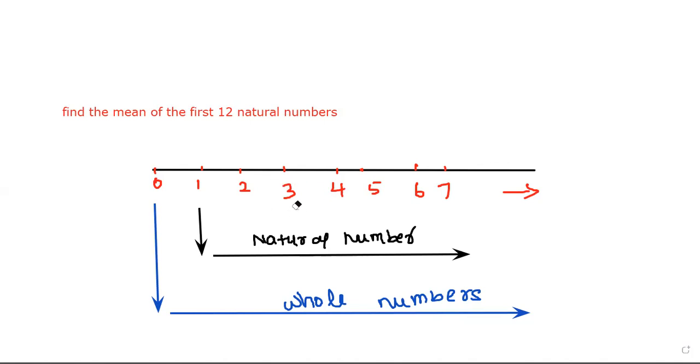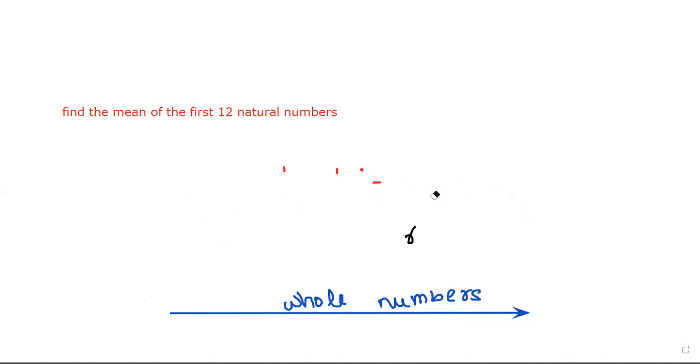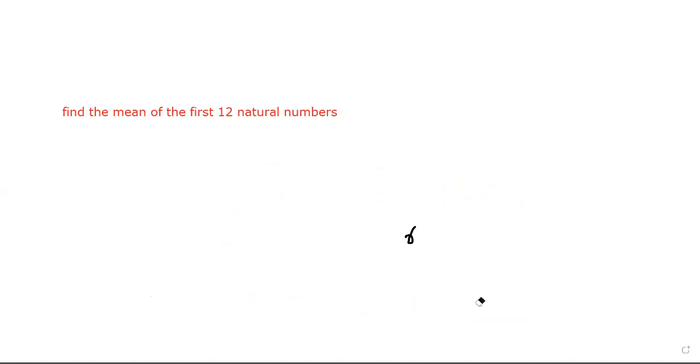Have you noted down this diagram? Shall I erase it? So, what do you mean by first 12 natural numbers? It starts from 1 and goes up to 12.